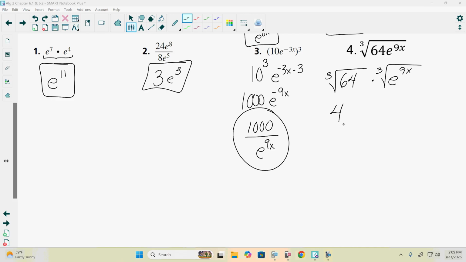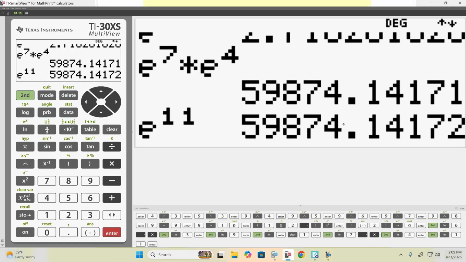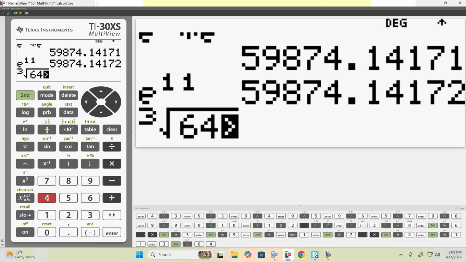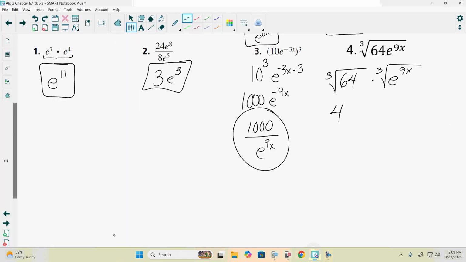If we're not sure, either calculator will do it. 3 second x root 64 is... e.